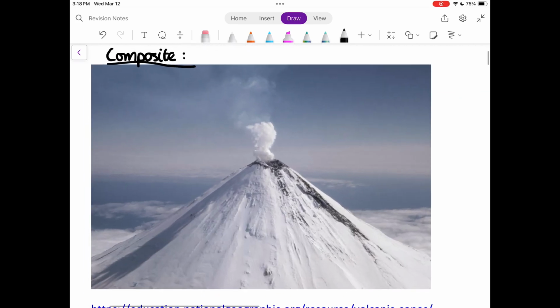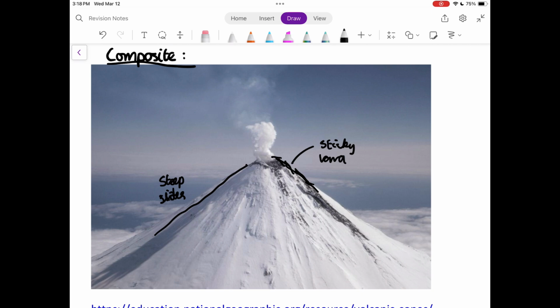So the characteristics of composite volcanoes you need to know is that they have steep sloping sides. And they also have sticky lava that runs along these steep slopes. So the lava here is sticky lava.